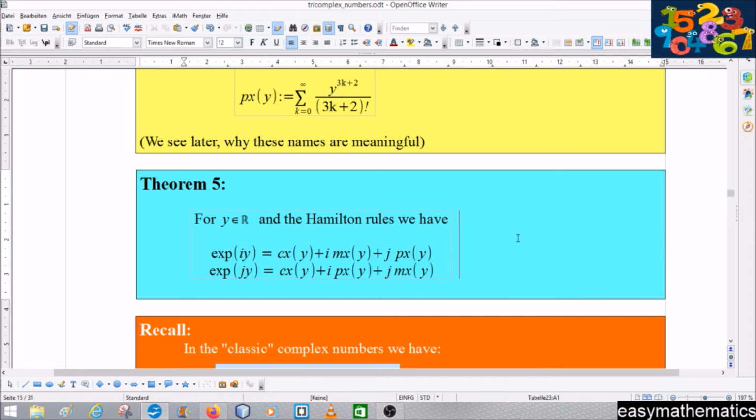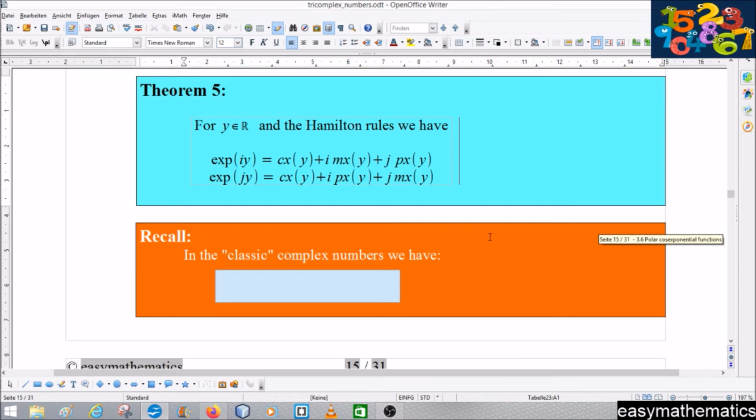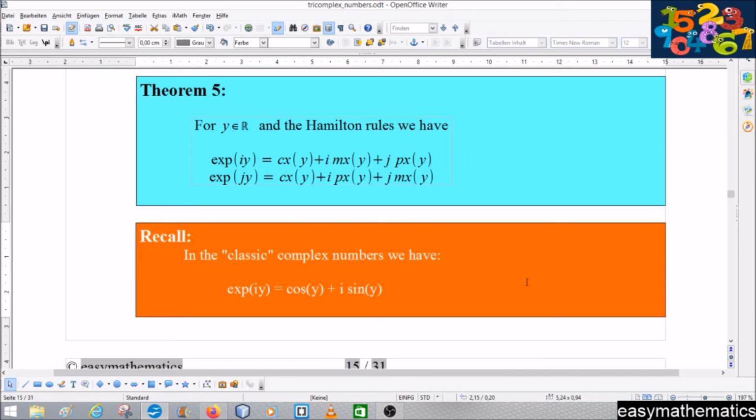So exponential of I y is cx of y plus I mx of y plus j px of y, and exponential of j y, where j is the second imaginary unit of the tricomplex world, is cx of y plus I px of y plus j times mx of y. And in the classical complex numbers, we have the exponential of I times y is cosine y plus I times sine y. So this is an analog.